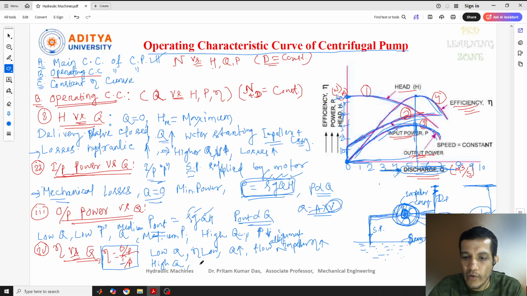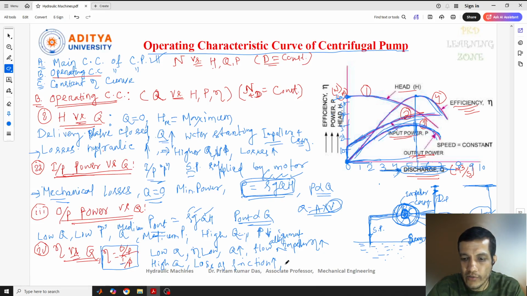At this point we can say the loss of friction is more. The losses of energy, or loss of friction, is increasing. Along with that, recirculation is continuously increasing in the pump.